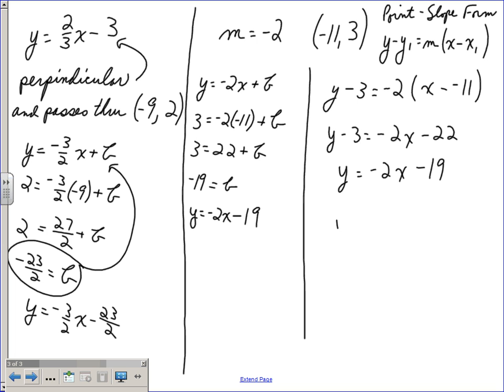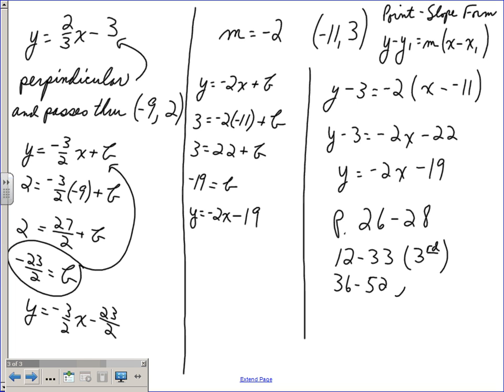Your homework is going to be on pages 26 and 28. I want you to do 12 through 33 multiples of 3, or thirds. So do 12, 15, 18, 21 up to 33. And then we're going to do 36 through 52, the even problems.